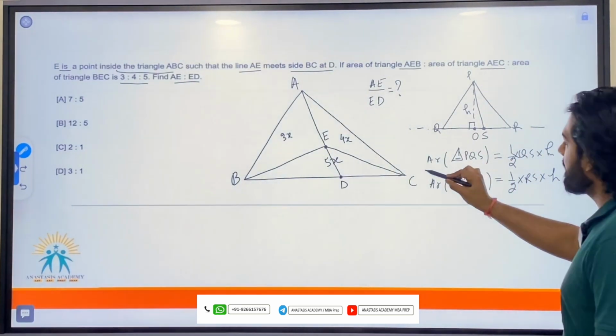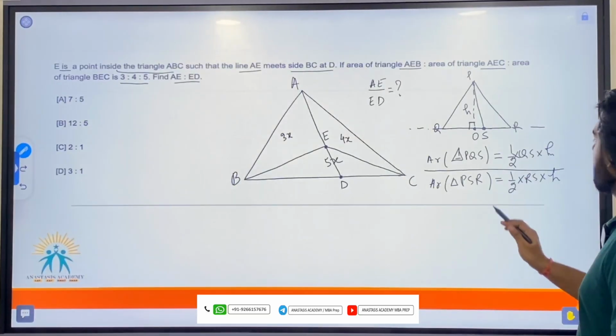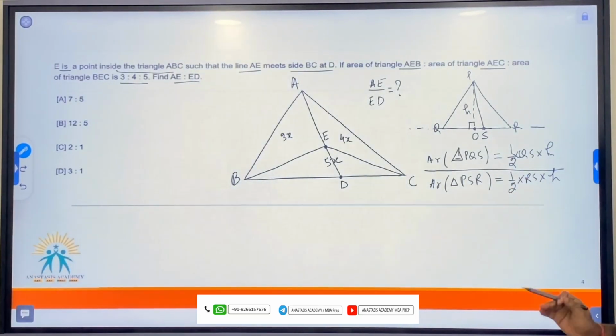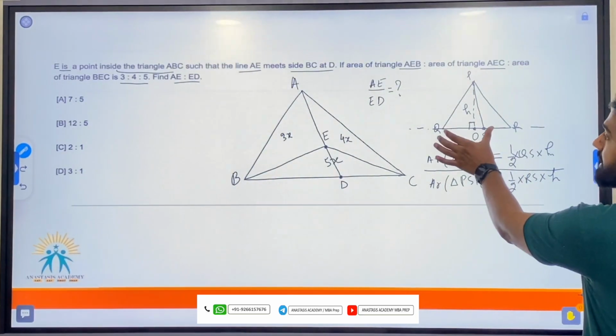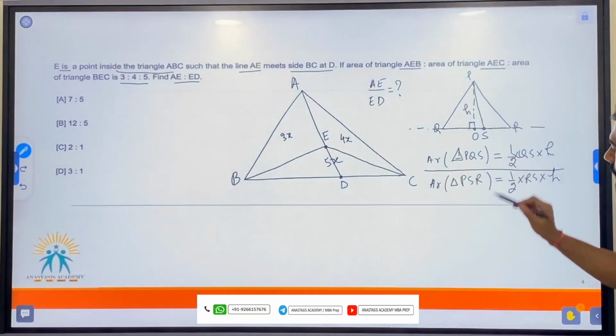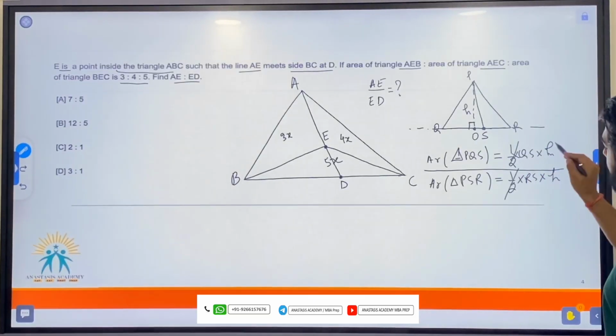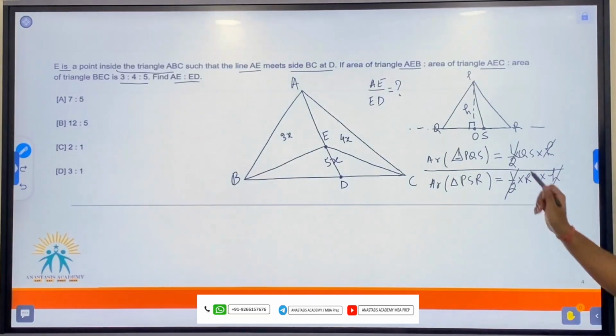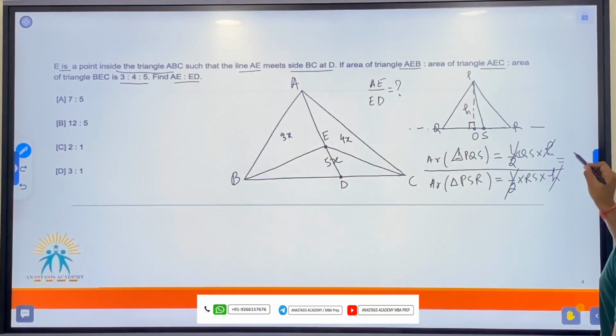If I talk about the ratio of areas of these two triangles, which are on the same base QR, the H gets cancelled, the half gets cancelled. It is equal to QS upon RS.